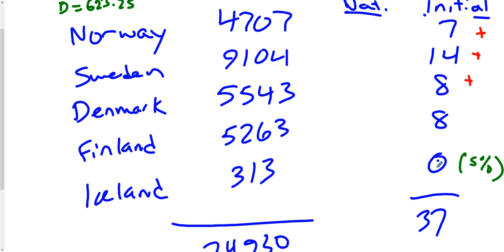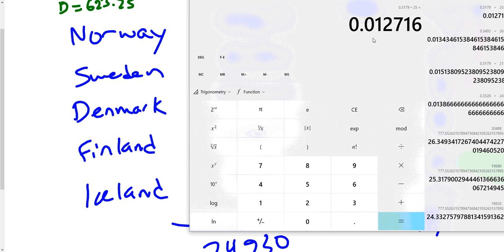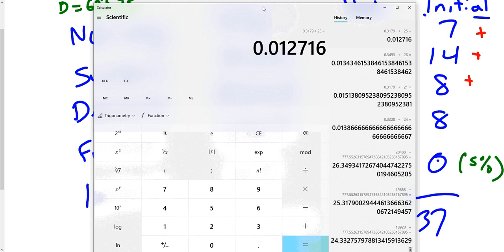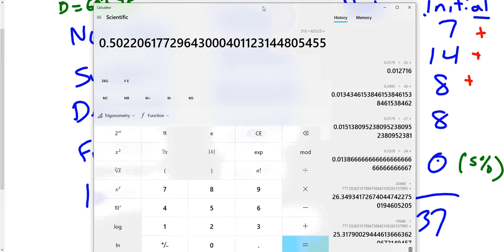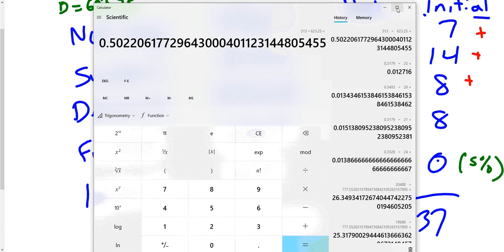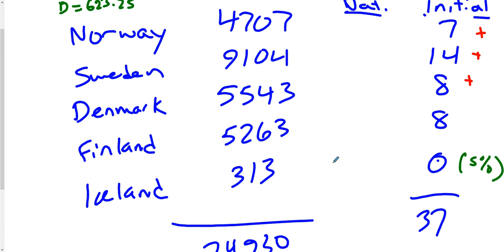When you do a problem like this under Lowndes' method, let's do Iceland's rule. Iceland is 313 divided by 623.25. You get 0.5022, which is why you get the 0.